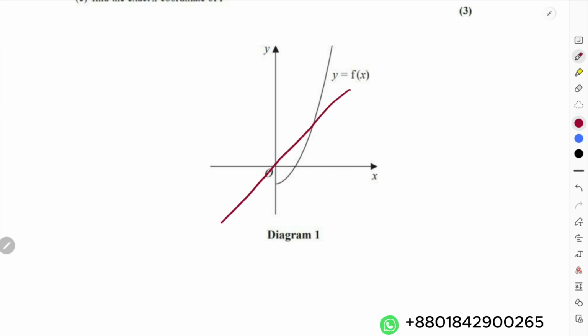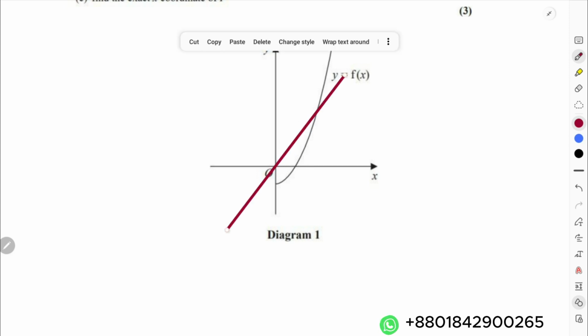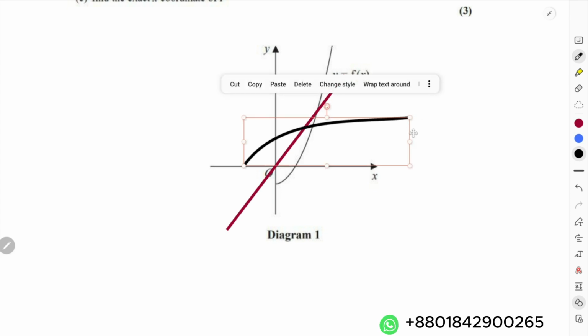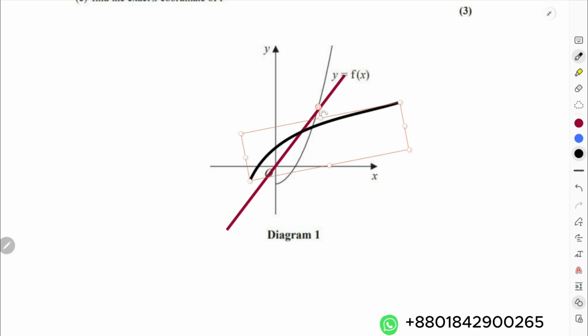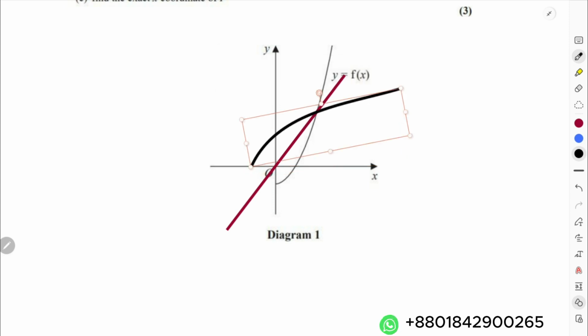This is the line y equals x. So f of x is just going to create an image over here. So this is going to create an image on this part, like this, so that they intersect at this point.